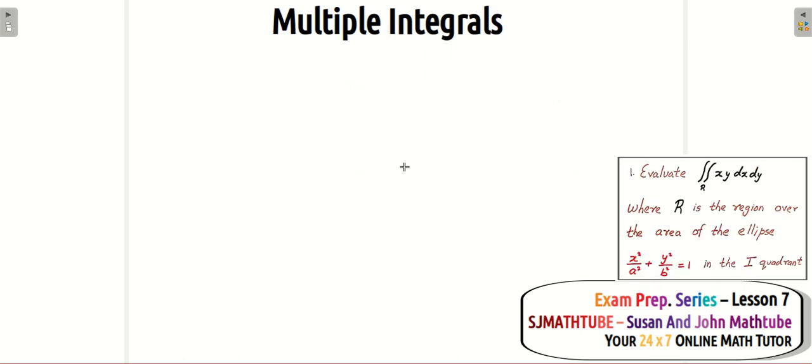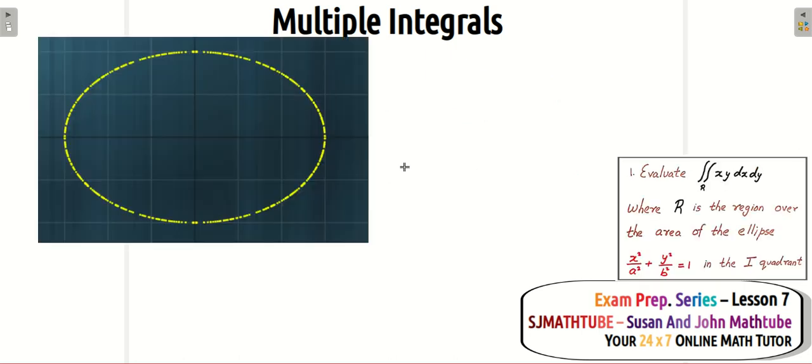The first thing to do is draw a graph. So we have the ellipse x square by a square plus y square by b square equal to 1, and I'm sure you know how to draw the ellipse. This is our origin, this is the semi-major axis, and this is our b.